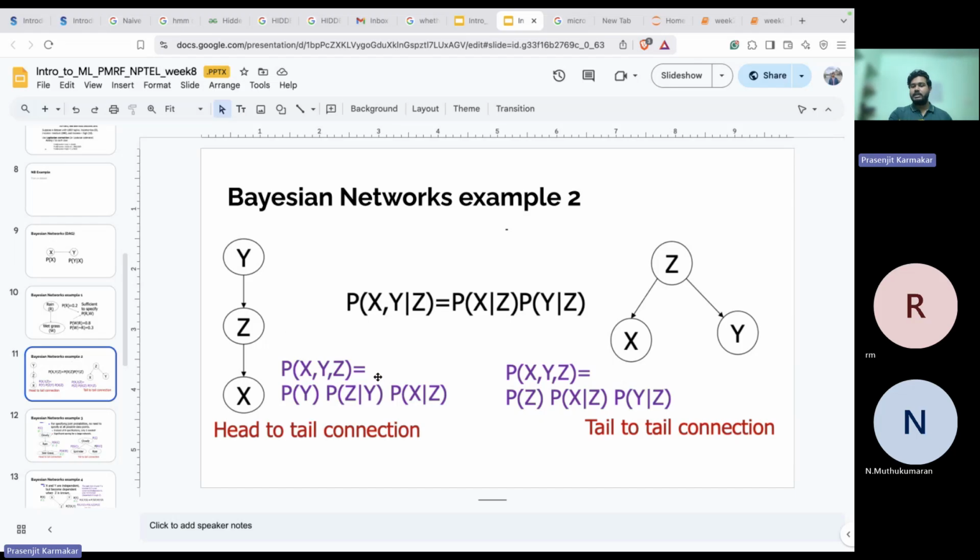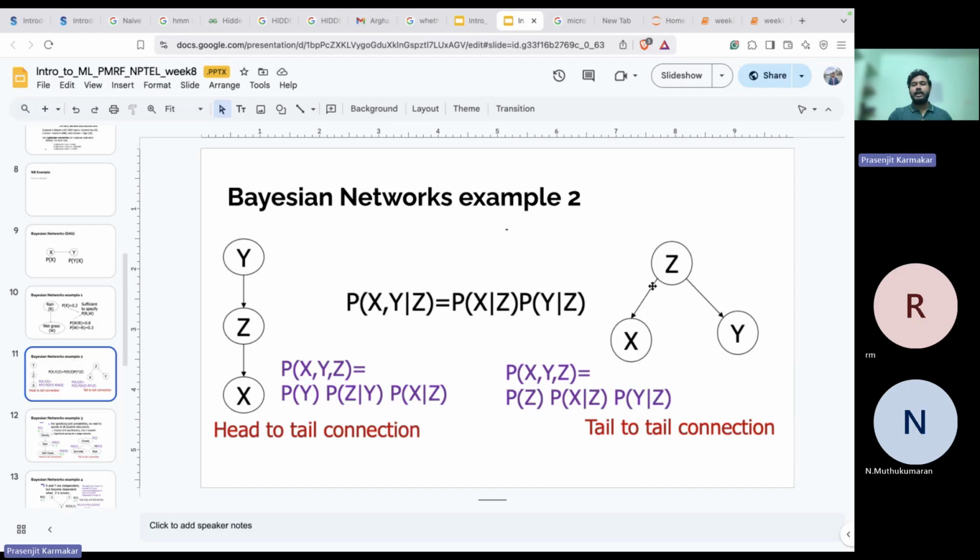Now, given z happened, what is the probability of x happening? So this diagram I can compute like this. Now, if I have to compute the probability of y and z, that's my asked question, what is the probability of y and z happening together? I can just multiply the probability of y times the probability of z given y.